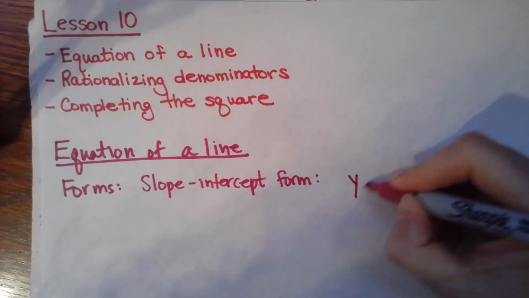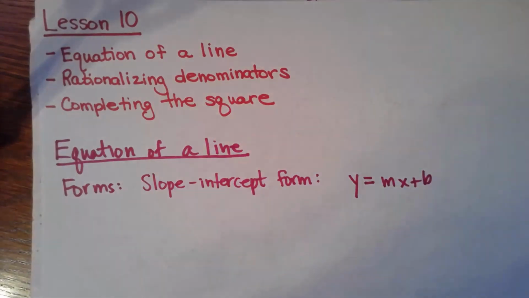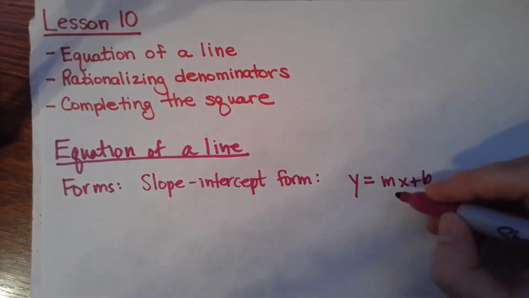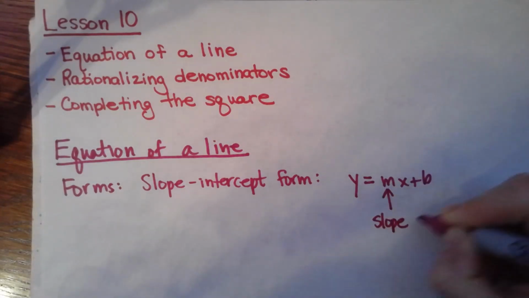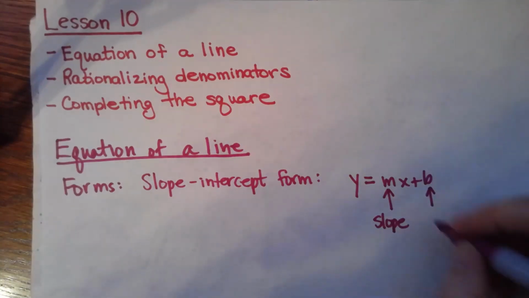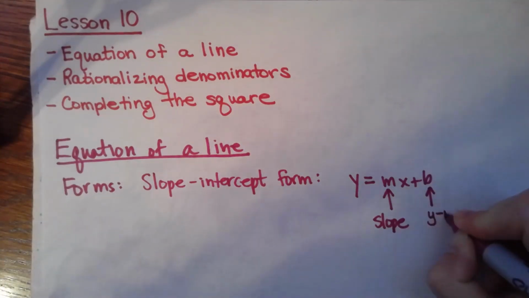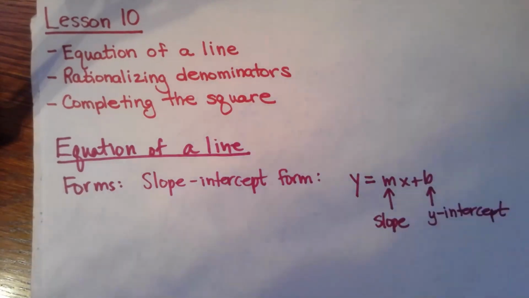You know the form y equals mx plus b. And we call this slope intercept form because m represents the slope and b is where we get the intercept from, and particularly it is the y-intercept, not the x-intercept, it is the y-intercept.